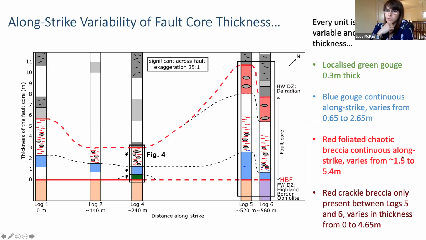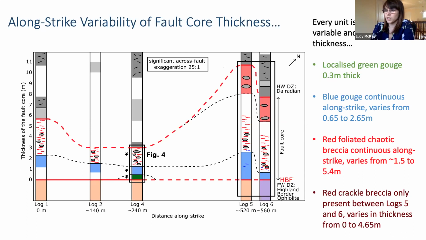Also, it has to be noted that each of these fault core units are not present at every locality along the fault. Going back to my message when I was talking about the San Andreas fault at the beginning, a borehole is a 1D transect across a fault. It can't capture the variability. So these are the structural logs that I did at the different locations along the Highland Boundary Fault.